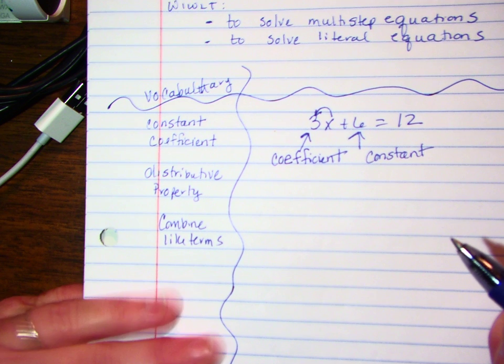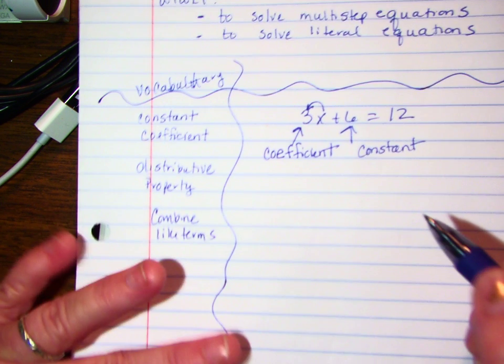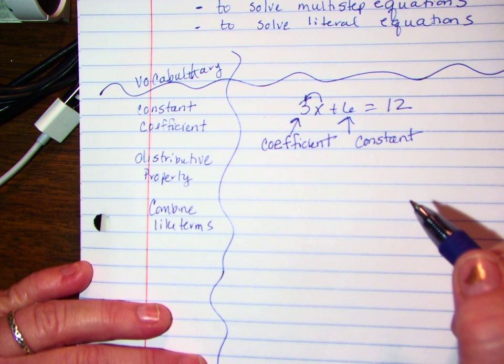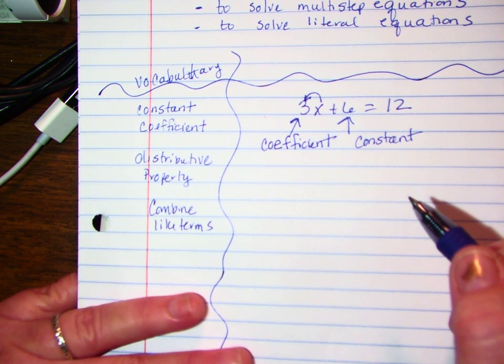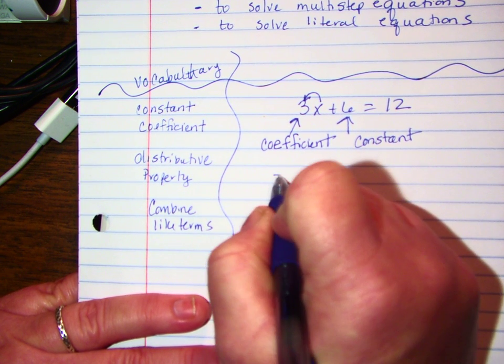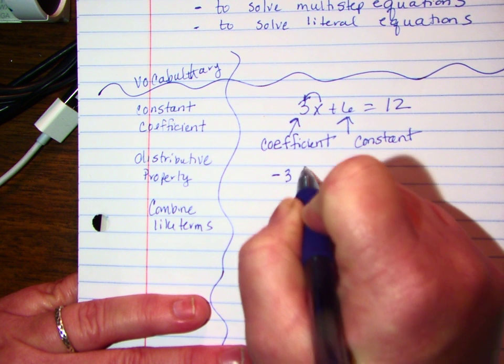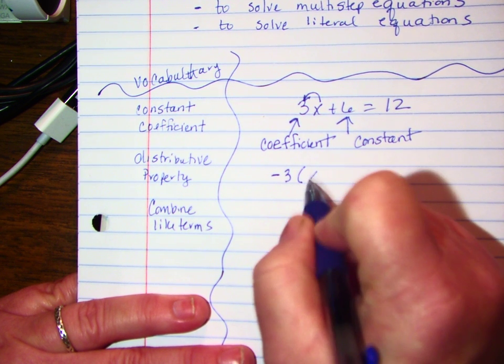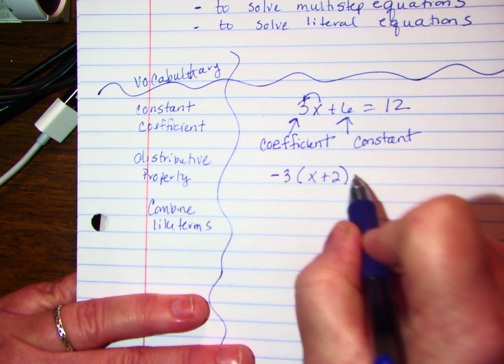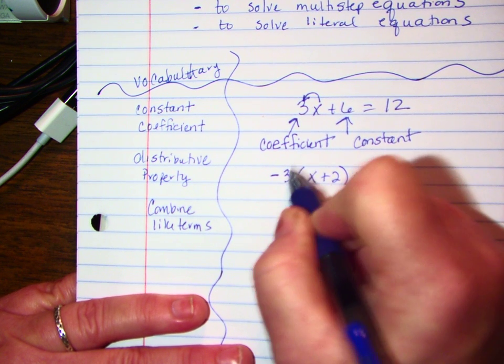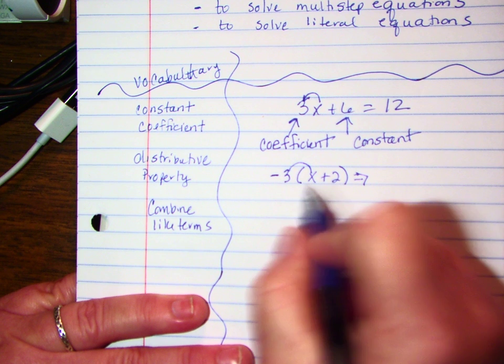I'm going to try not to write in cursive because I know a lot of you can't read cursive. Now, distributive property. If I have a negative in front of the parentheses, you've got to make sure that you distribute this to both the x and the 2 because they're inside the parentheses.